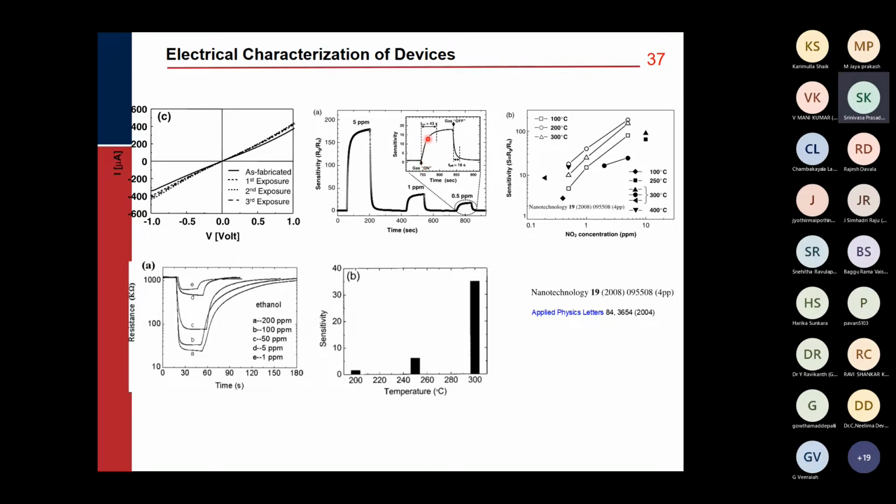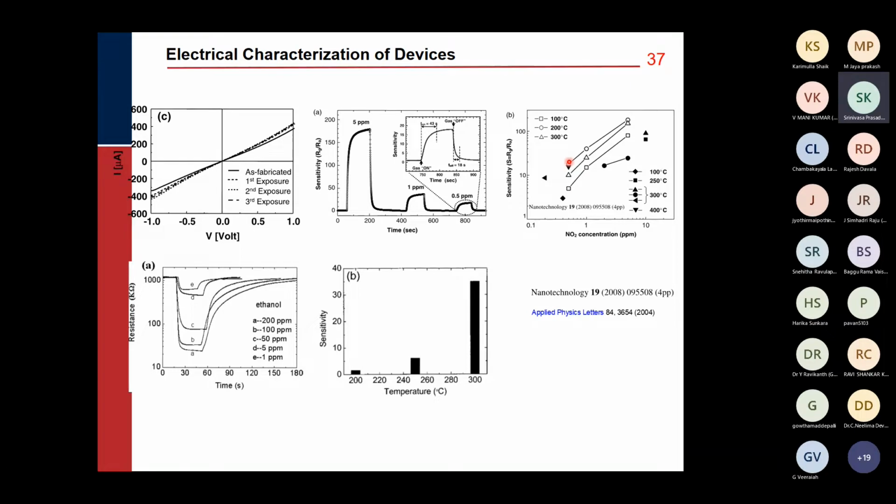Now the faster these time scales, the better in terms of sensitivity. That means the sensor responds very fast. So this is like an on response and an off response, and depending on the time scale, you can find out whether it is good for rapid sensing or, let's say, slow sensing. For example, whether these time scales are comparable or not, etc. Now here you can also measure the sensitivity in terms of concentration as a function of temperature, and you can see how they behave.